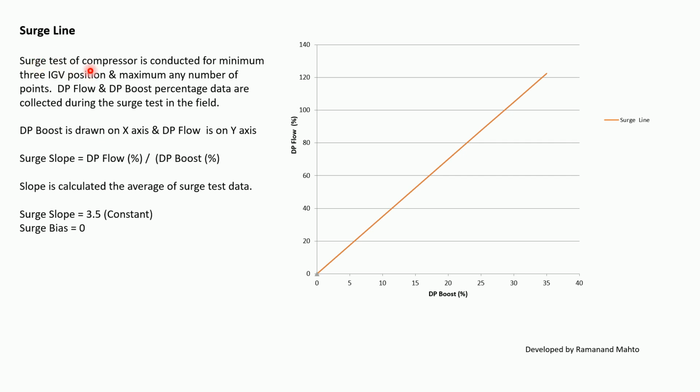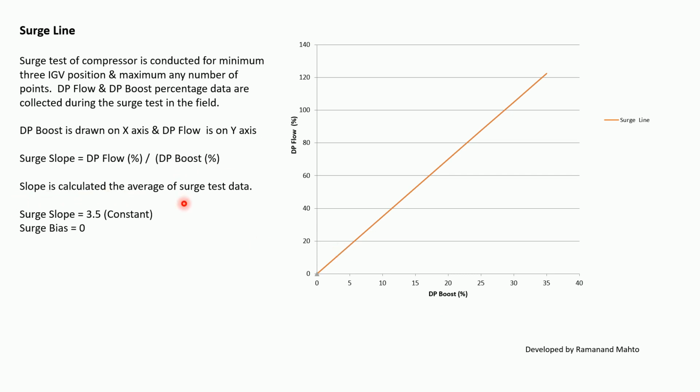For the surge line, the surge test of the compressor is conducted for a minimum of 3 IGV positions and a maximum of any number of points. DP flow and DP boost in percentage data are collected during the surge test in the field. DP boost in percentage is drawn on the x-axis, and DP flow in percentage is drawn on the y-axis. Surge slope is equal to DP flow percentage upon DP boost percentage.